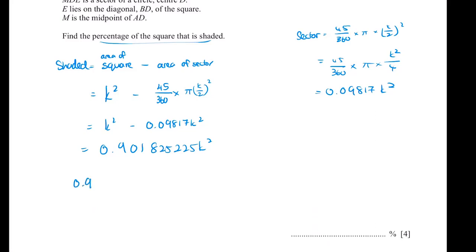Shaded region is 0.902, because I can round it. If I don't want to round it, I can just put 0.901825 over 1, which is k squared, multiplied by 100, 90.18%, or 90.2%.